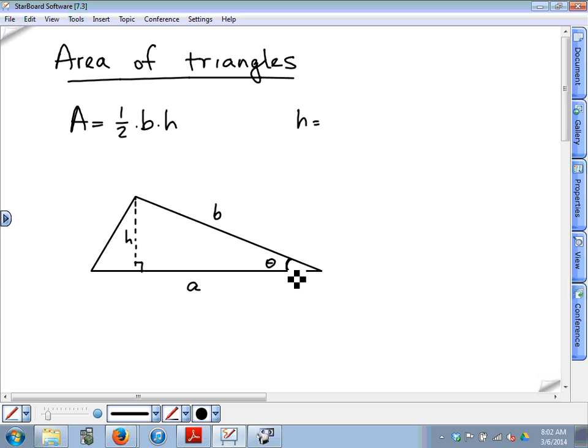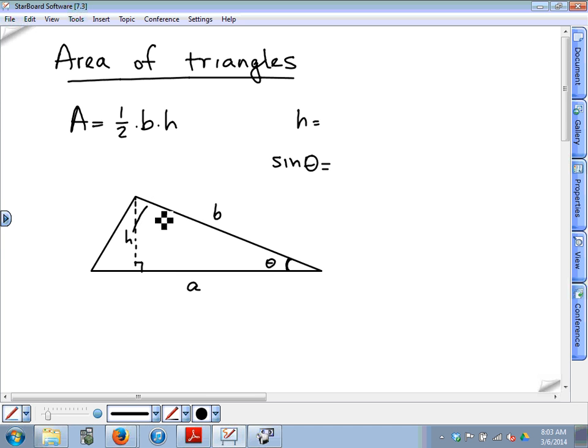Well, what is the sine of theta, rather? What's the definition of sine? Opposite over hypotenuse. Now, don't think about the original triangle. Think about this triangle formed with this altitude. Now it's a right triangle.